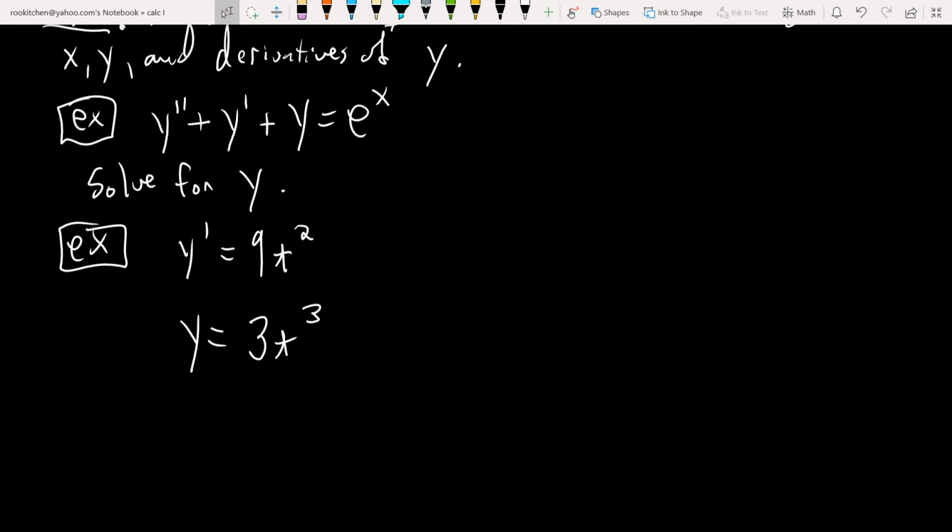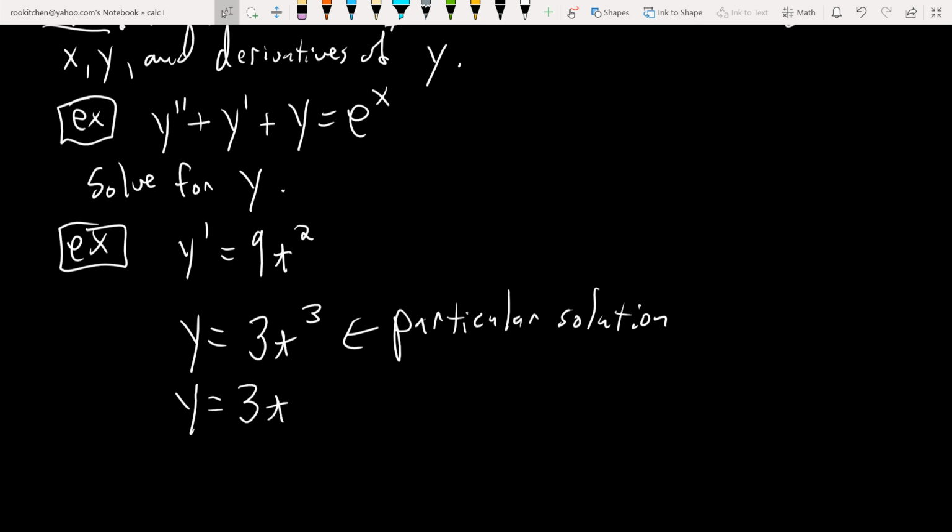So that thing right there is an antiderivative. And in fact, we could call this a particular solution, because if you remember what we were talking about, the antiderivatives are actually going to look like this for some constant c. So this guy is the general solution.